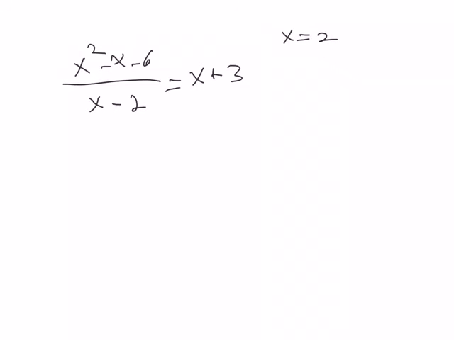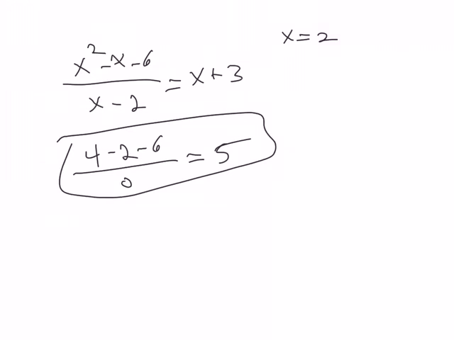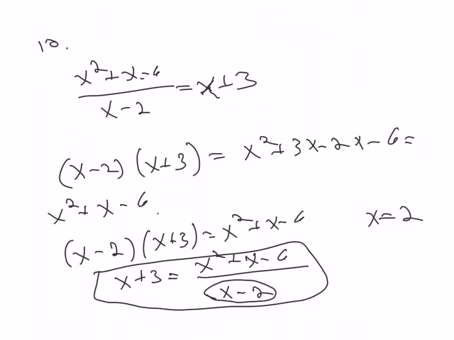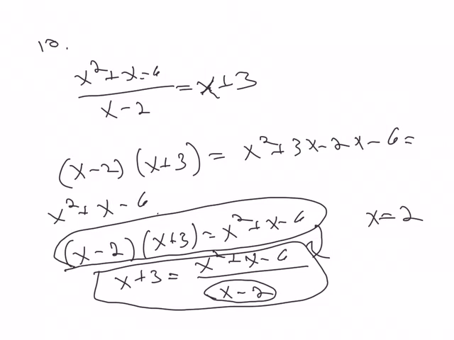Then you have 4 plus 2 minus 6 over 0, which is undefined, equal to something very defined, which is 5. So there's a problem here. It came about because when you went from this step to this step, you might have been dividing by 0.